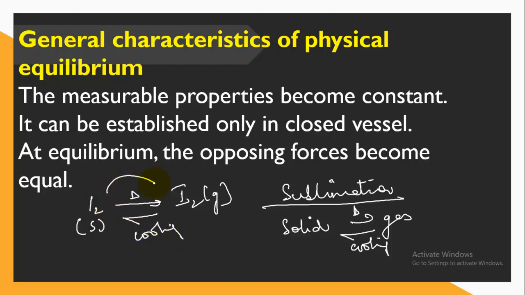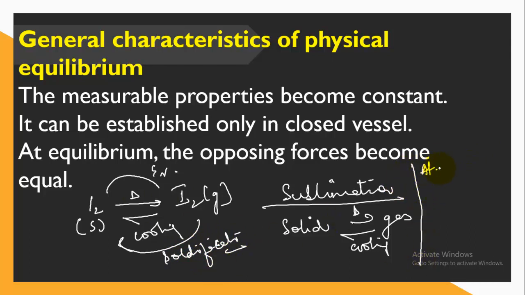So the forward process is evaporation and the backward process is solidification. In this case, in the forward direction we have evaporation, and in the backward direction we have solidification. At the equilibrium point, we'll see that the rate of evaporation becomes equal to the rate of solidification.